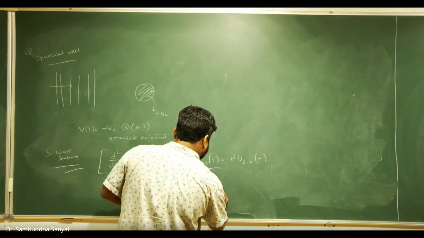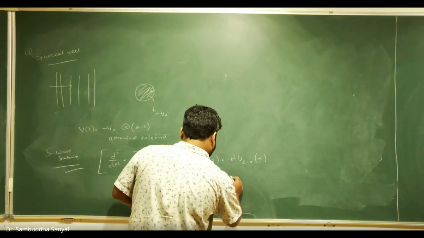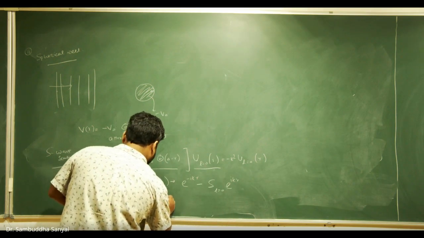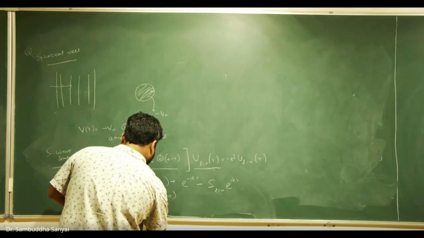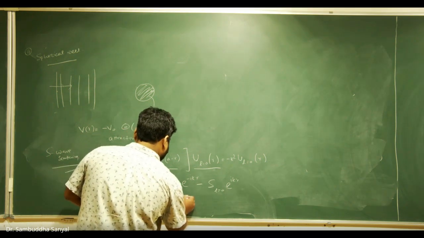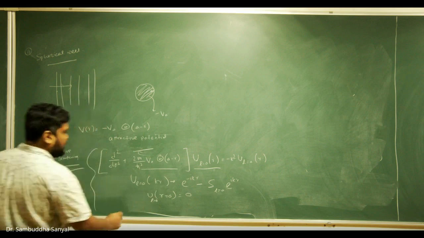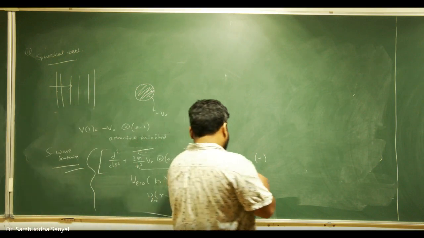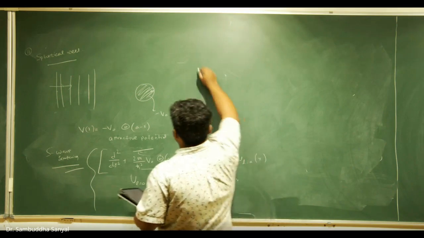S L equal to 0, e to the power i k r, and this boundary condition. This is my three steps of prescription, what I need to solve in order to solve this full equation, and that is what I will just plug in. So the solution will be the following.